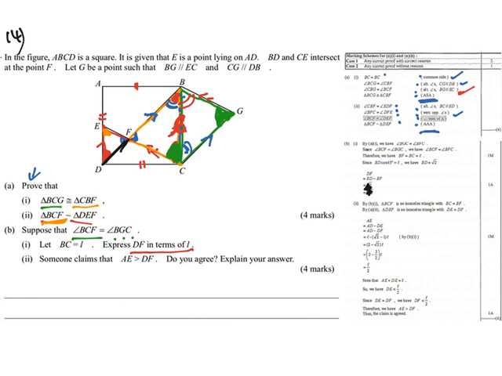So let's see it. Because these two are the same, and at the same time, because these two are parallel, this one and this one are also the same, so also the green angle. So you can see it is the green angle.